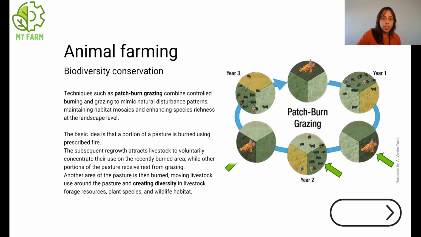Another area of the pasture is then burned, moving livestock use around the pasture and creating diversity in livestock forage resources, plant species, and wildlife habitat.